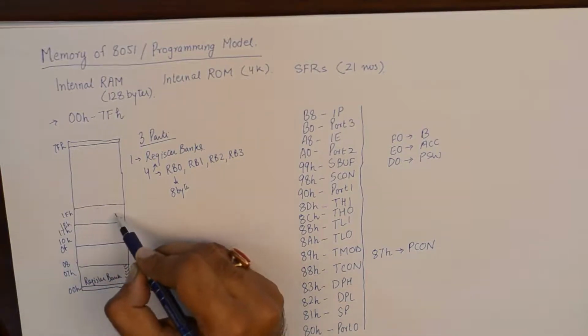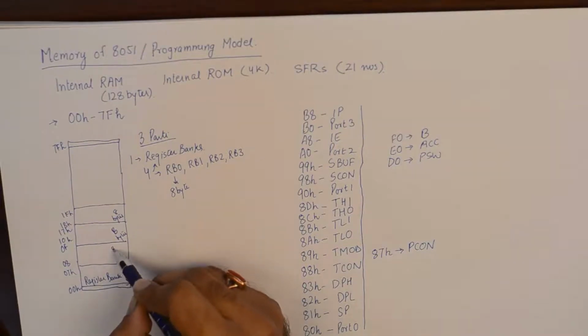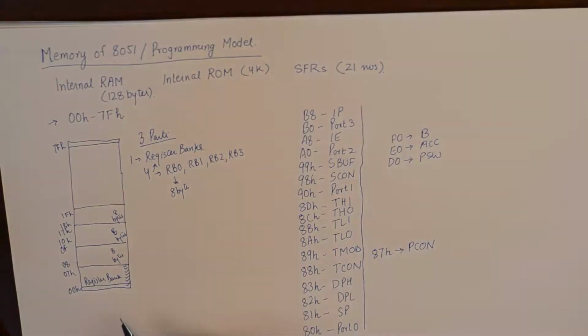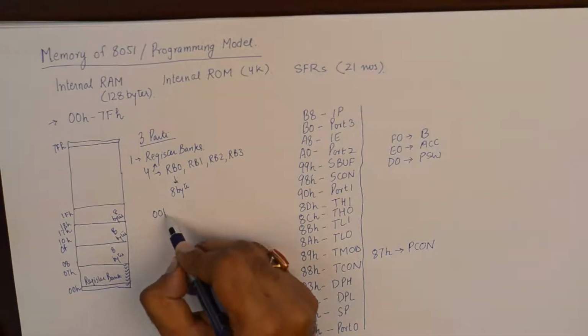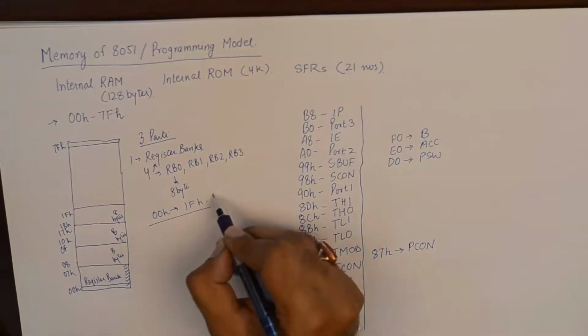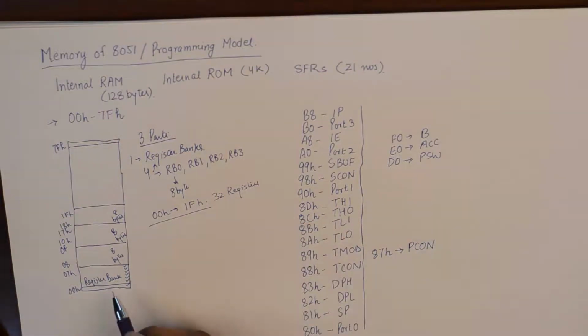So I've divided the allocation for 4 register banks. So all in all, the register banks will start from 00H and will go to 1FH. There are 32 registers in these register banks, register bank 0, 1, 2 and 3.